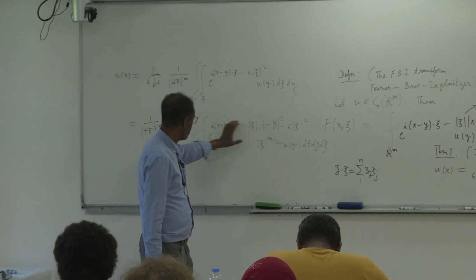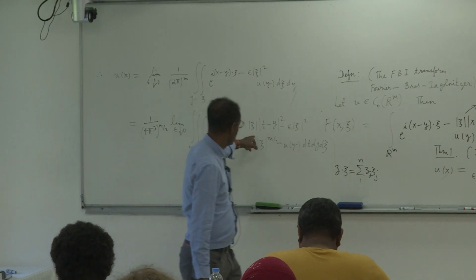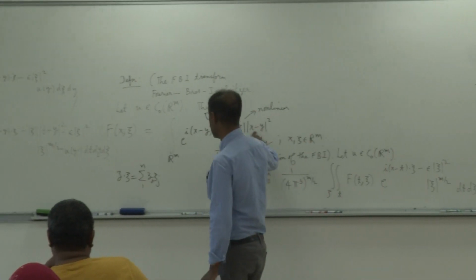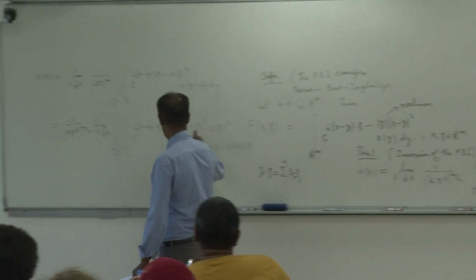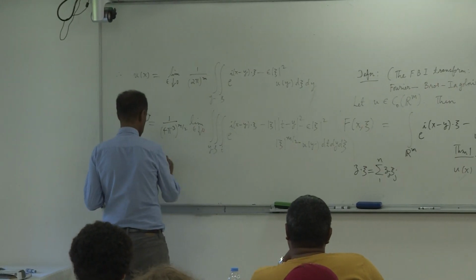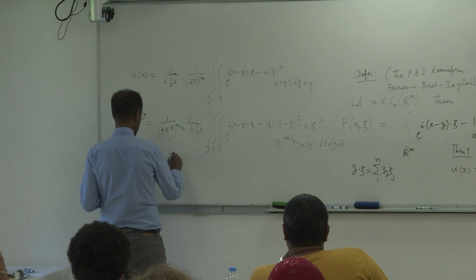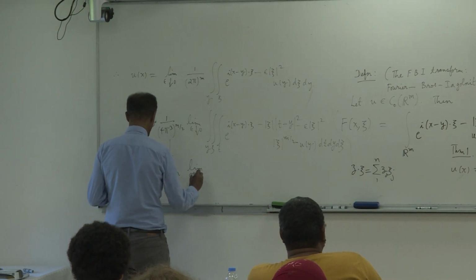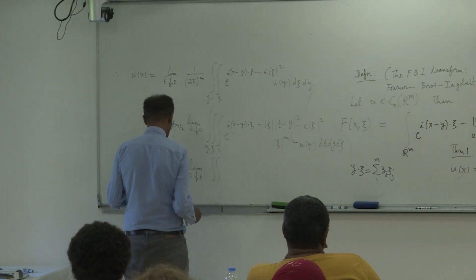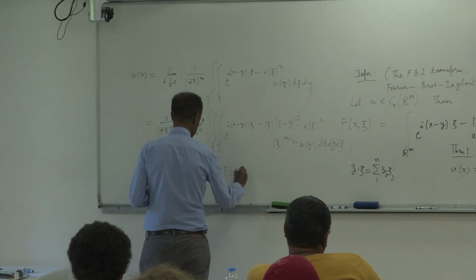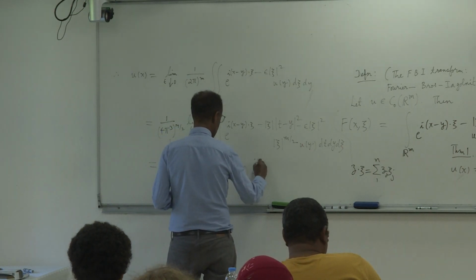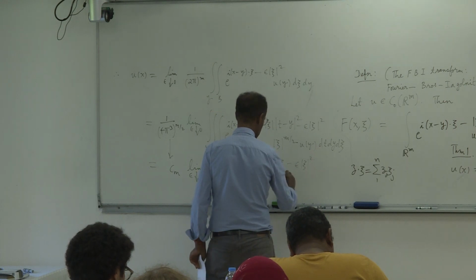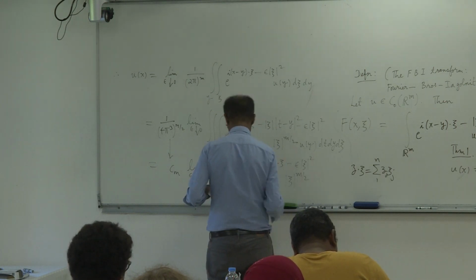So now the reason I'm doing this is in order to be able to get the FBI transform in here. You see, the FBI transform, remember, has this thing. Okay, and so this then equals the same constant, let me call it a constant depending on m, the limit as epsilon goes down to 0 of the FBI transform, and then e^{i(x-t)·ξ - ε|ξ|²} |ξ|^{m/2} dt dξ.